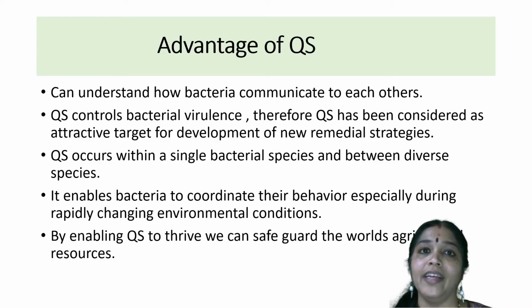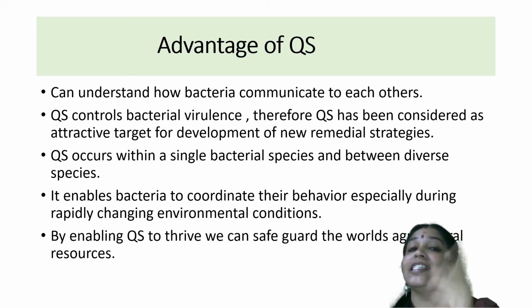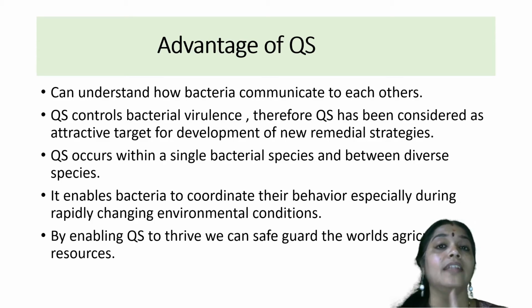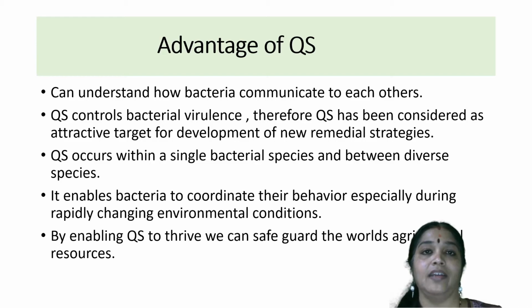So initially we have to see that this quorum sensing is inhibited when we consider the virulence side of the bacteria, fungus, or a virus. So powerful they are, you know. They can overtake us. They can hold the entire body. So that is the power of these microbes. But you can stop the quorum sensing as far as the virulence is concerned, then yes, we are more powerful.